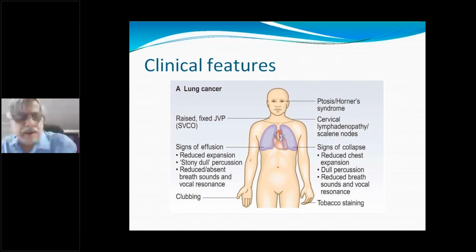Which grade of clubbing will you get in case of bronchogenic carcinoma? Harika? Pawan Kalyan? Yes, sir. Harika? Yes, sir.